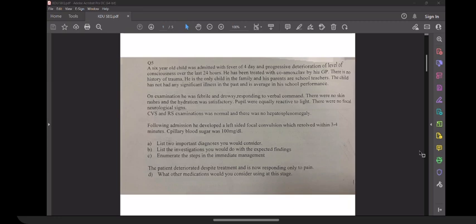Enumerate the steps. So the place for neuroimaging in this patient is not immediate, however, you can mention if there is any further deterioration in level of consciousness, I'll consider neuroimaging, also because the fact that he has had a focal convulsion.